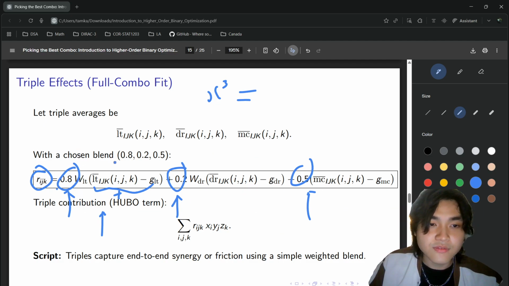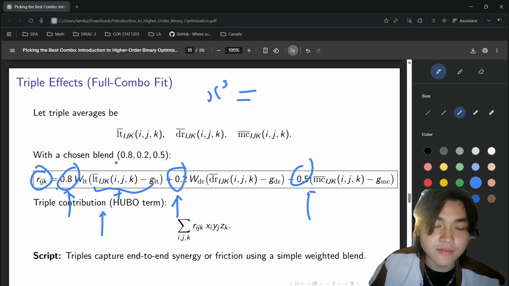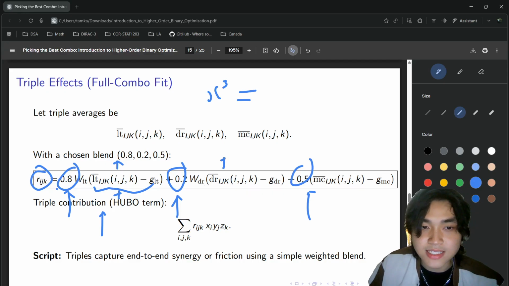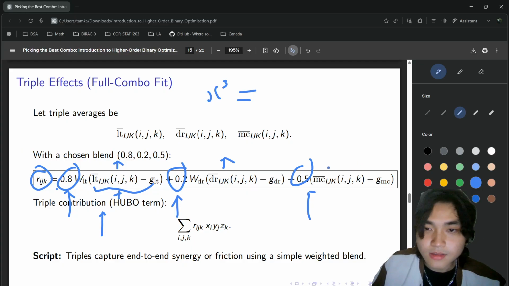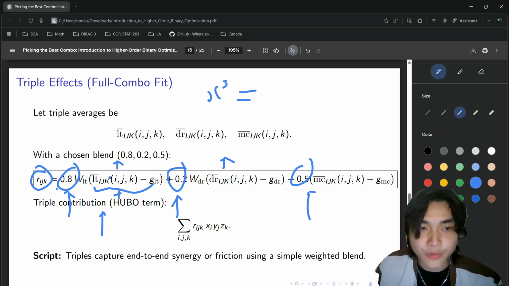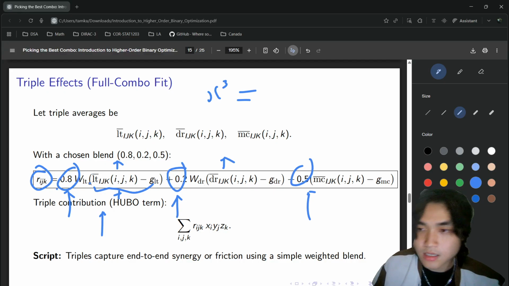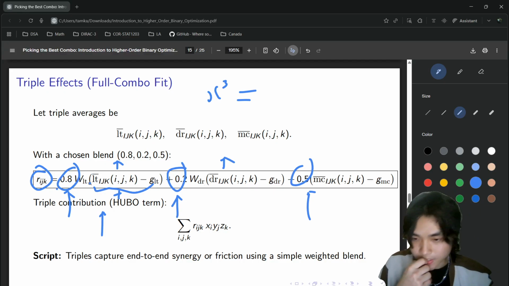So, for example, let's say per unit of increase within the lead time versus per unit of increase for the defect rate, right? This will be penalized more because of 0.8 for the coefficient.